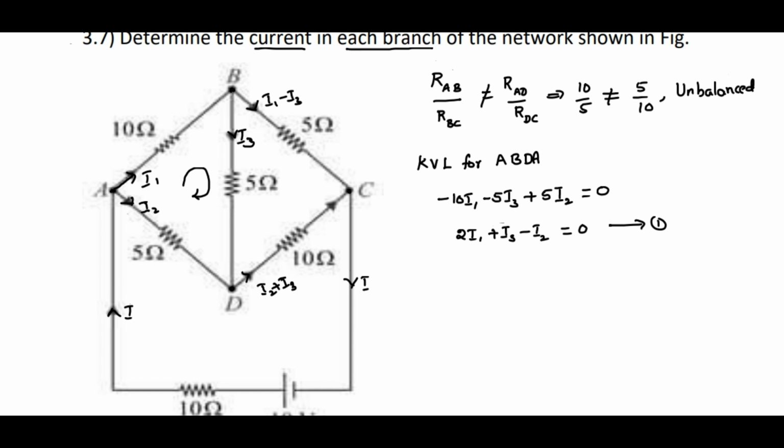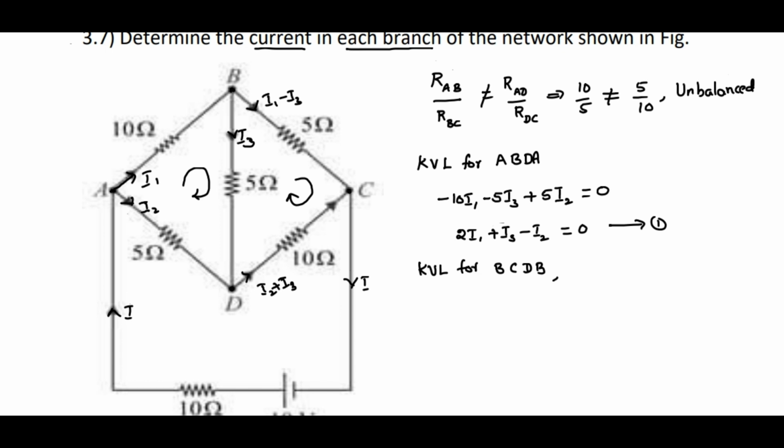And similarly, I am applying the KVL rule for the loop BCDB. So what can we get here?